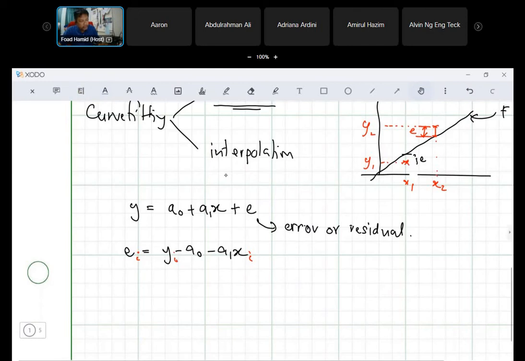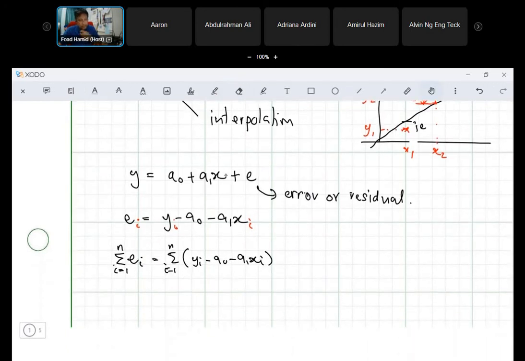Now we have Ei, and the sum of every error for every point is E1 until En, which is simply this one: yi minus a naught minus a1 xi. And again, i is from the first point until your last point. So now, look at this. This is basically the sum of the error.